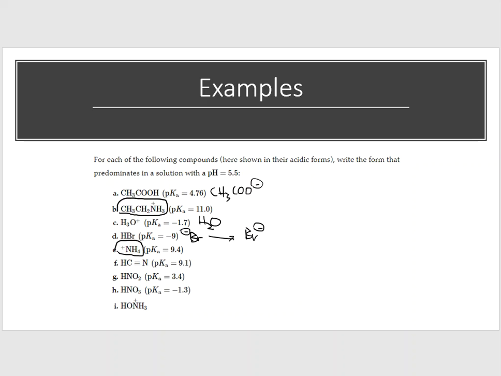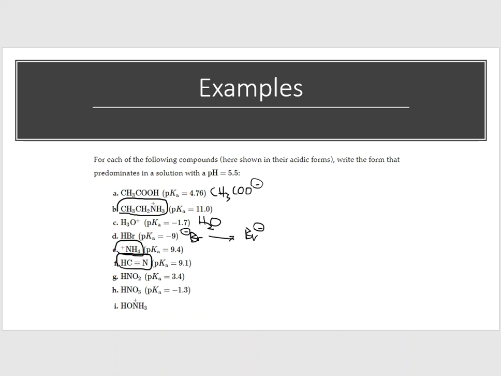For F, we have HC triple bond N, pKa 9.1. The molecule says I'm keeping it until you go above a 9.1. Well, this is not. It's 5.5. So this acid stays intact, and it keeps the hydrogen, and it doesn't spit it off until we increase the pH of that solution.